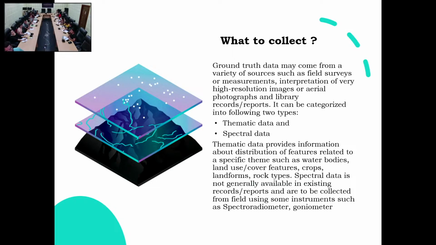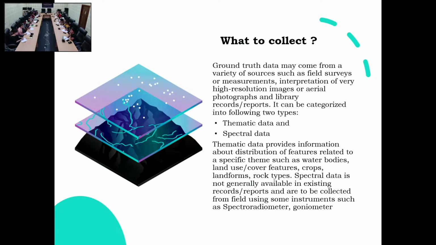In simple words, thematic data provides us the information about distribution of features related to a specific theme such as water bodies, land use, land cover, crops, landforms, rock types, and weather. Then spectral data is not generally available or existing. Even in satellite data you need to generate the spectral signatures.